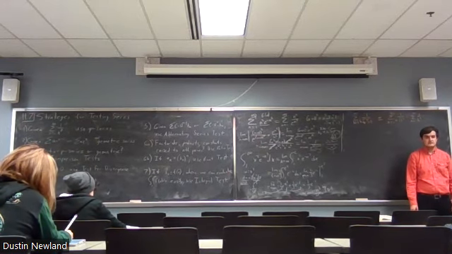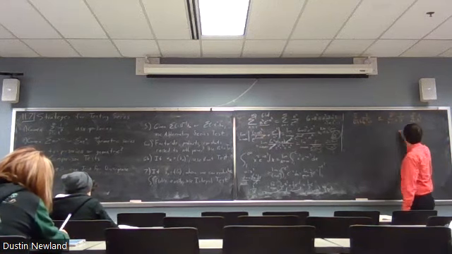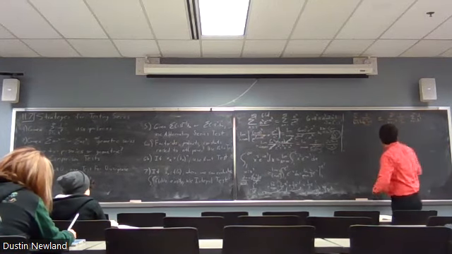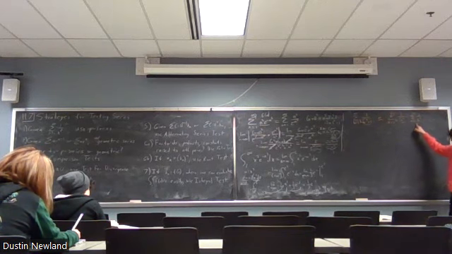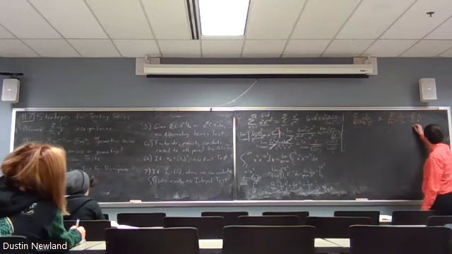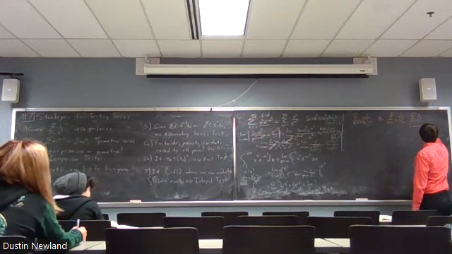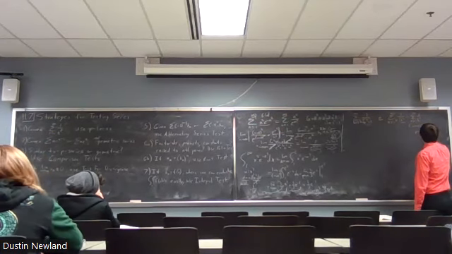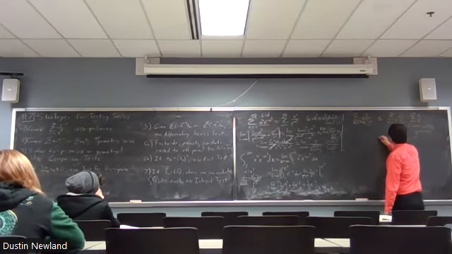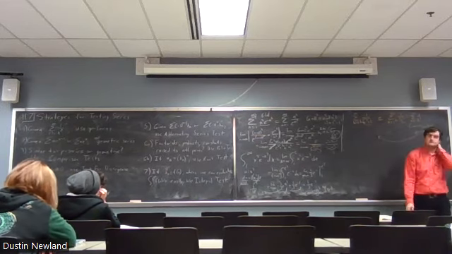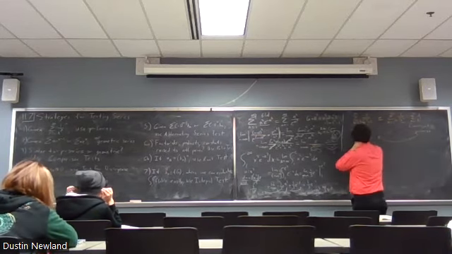Makes sense? Okay. Just K squared plus 1 versus square root of K squared. Okay. Do we know the convergence to this one? By what? About the convergence to this one. By what test?